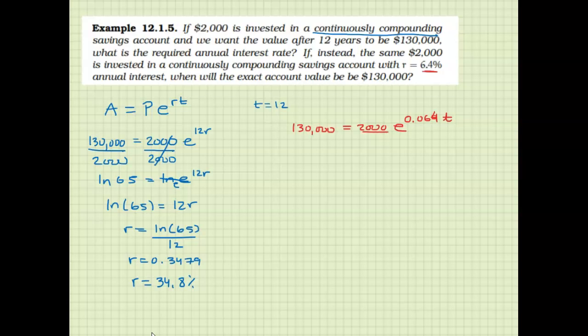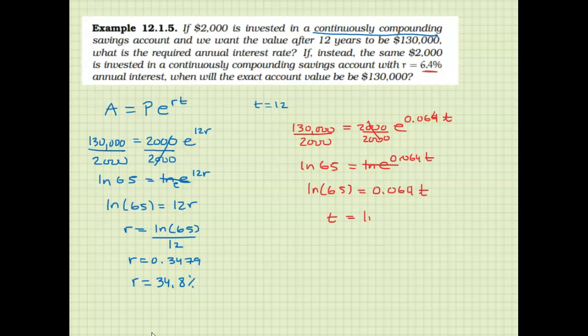Same procedure. You're going to get rid of that 2,000 to start with. You get 65 equals e to the 0.064 t. We take log of both sides because that will cancel out the e. We have log of 65 equals 0.064 t.